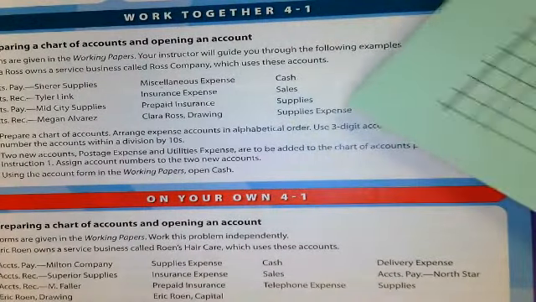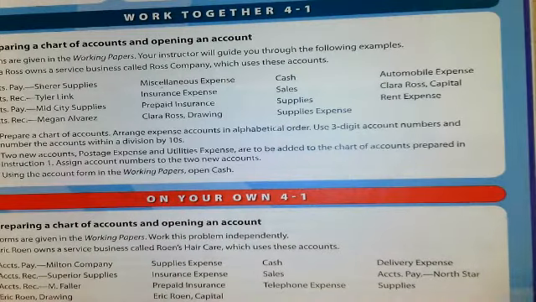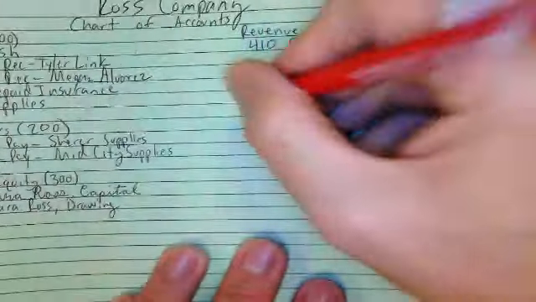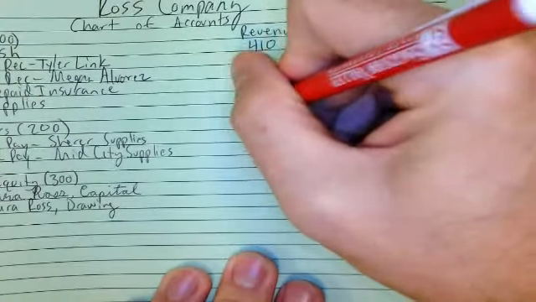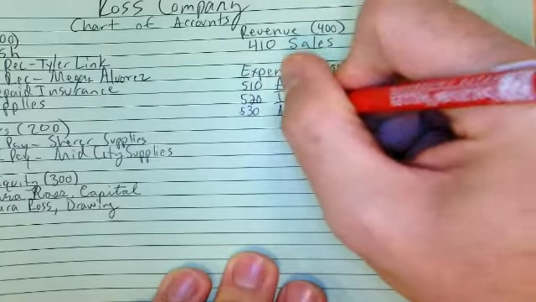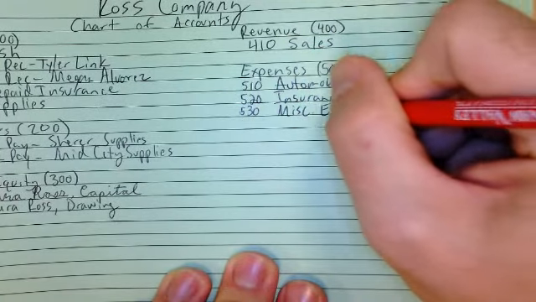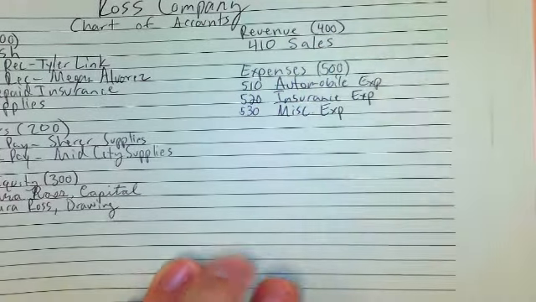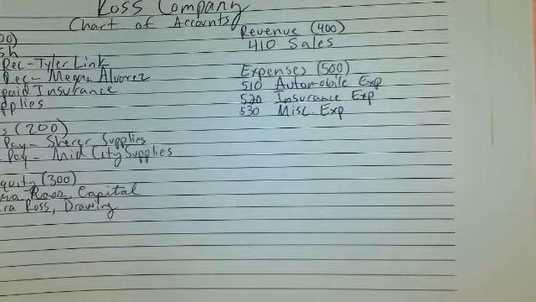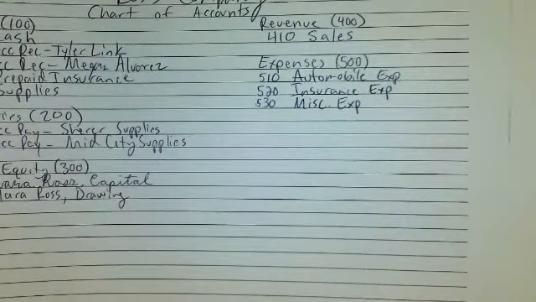We have rent expense, supplies, and miscellaneous left. What's going to be next? Miscellaneous expense, $530. I'm going to abbreviate miscellaneous because I don't know how to spell it. That was a joke, but also with shades of truth.